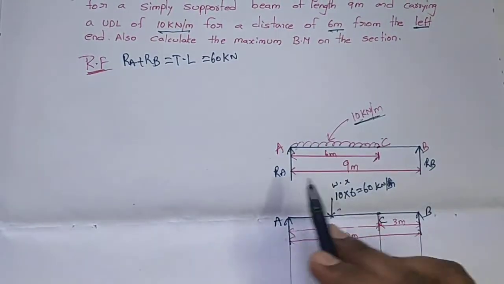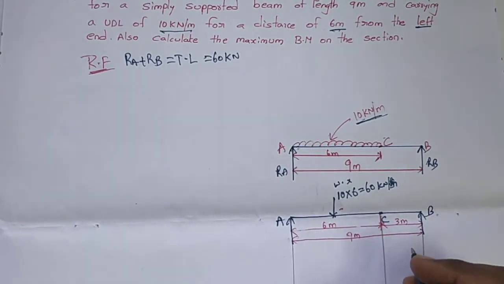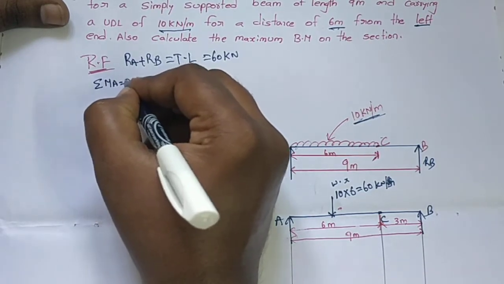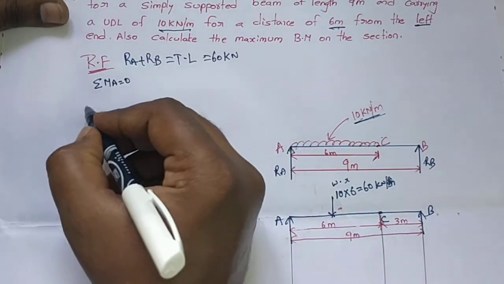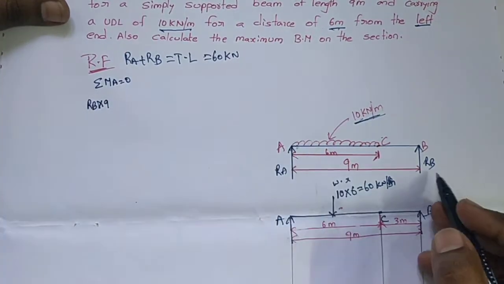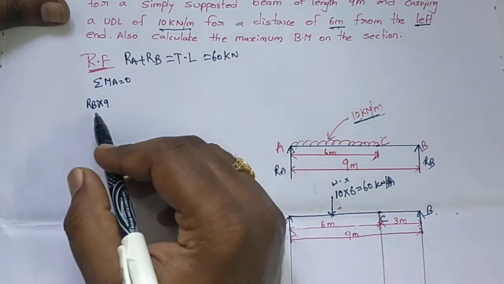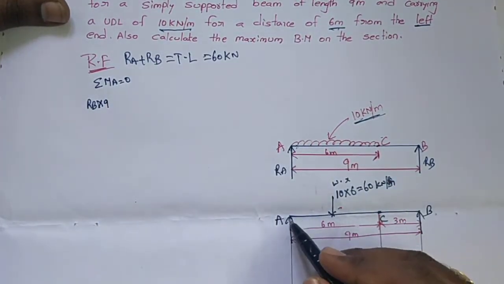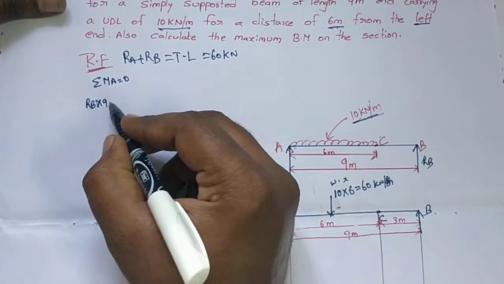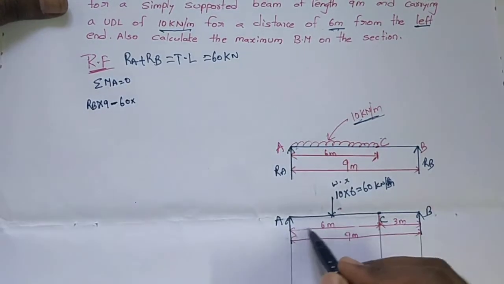We need to find RA and RB. For this, taking moment about A and equating to 0: RB into 9. Here RB is acting anti-clockwise, so it is taken as positive. Next, the load is acting on the right side of A, acting clockwise, so I indicated minus 60 with the distance.